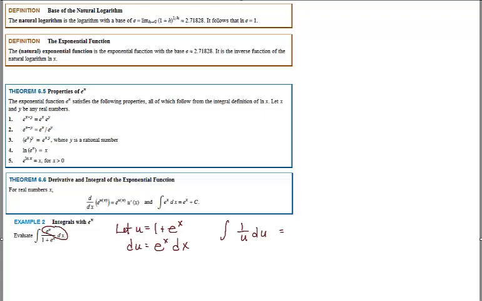Alright, this will give me natural log of the absolute value of u plus c. I'll replace that with what u is, which is 1 plus e to the x plus c. I note that 1 plus e to the x is always positive, therefore we can drop the absolute value symbols because they're unnecessary, and there we have it.